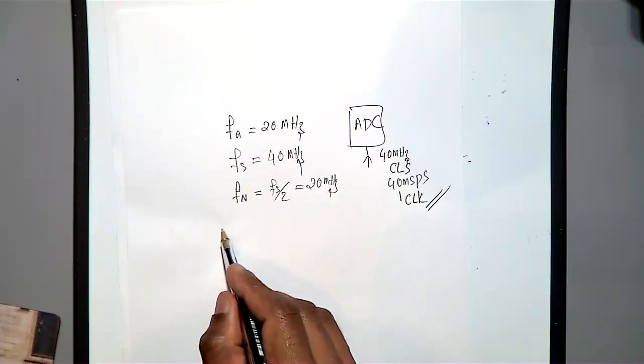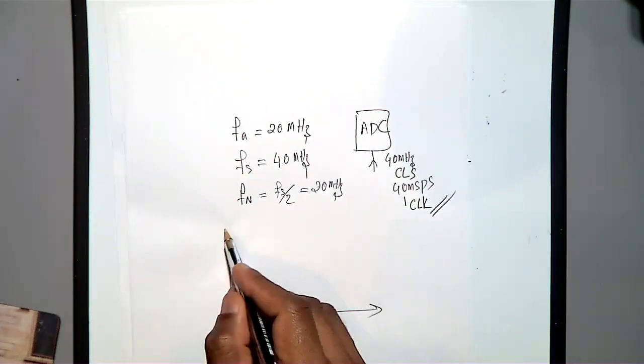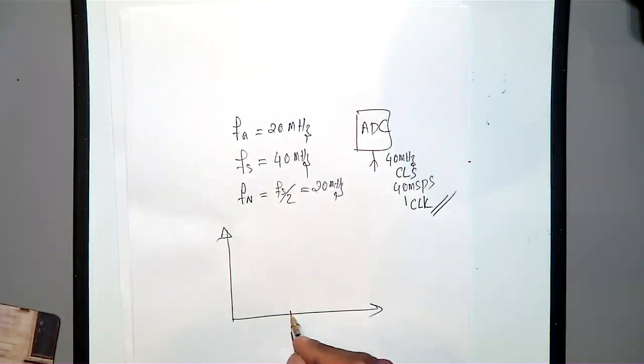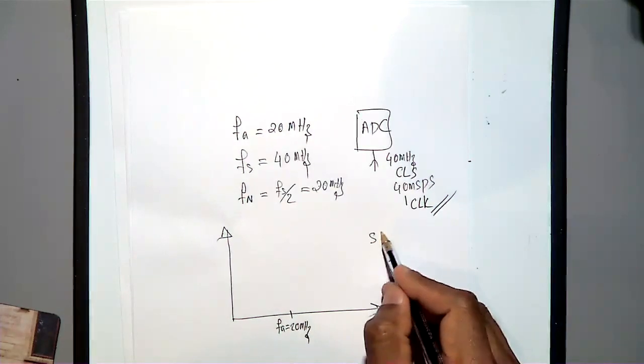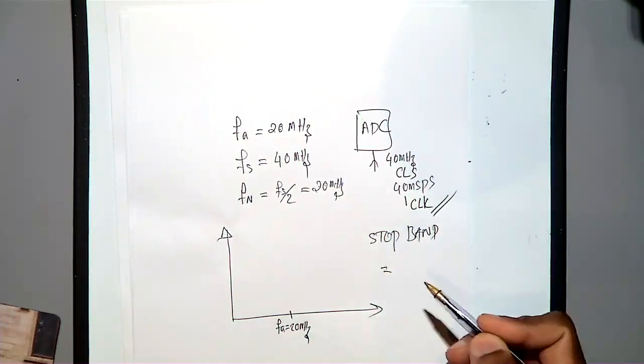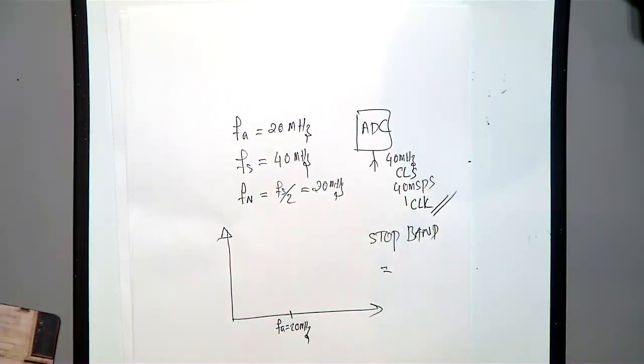Now in this case, if you are designing a filter, your frequency of interest is Fa, equal to 20 megahertz. Then where is the stop band? Which frequency is the stop band? It means after that frequency everything will be folding into the frequency region. In your case, what is the stop band?